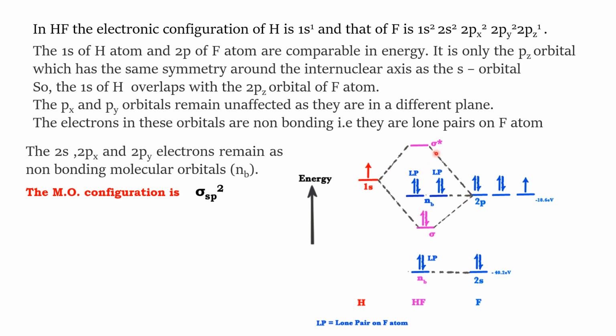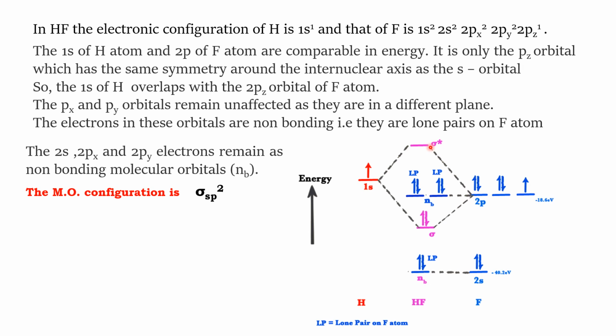That means the 2s and 1s orbitals of fluorine remain as such. Only the 2pz orbital of fluorine combines with the 1s orbital of hydrogen to form a sigma sp hybrid orbital and a sigma star sp hybrid orbital. All the other electrons in the orbitals remain as non-bonding molecular orbitals.